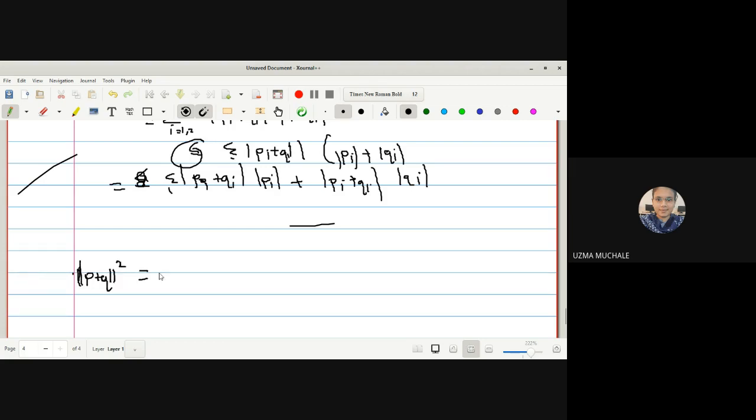So the next step we can have norm of P plus Q square. We have come to this and now we are using the Schwarz inequality. So this equality will now be an inequality because here we have written the term.